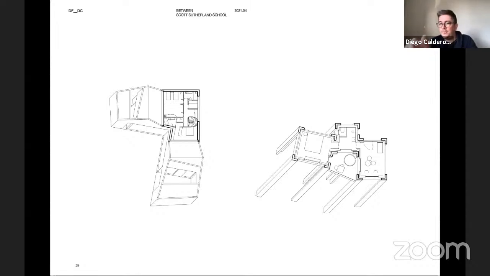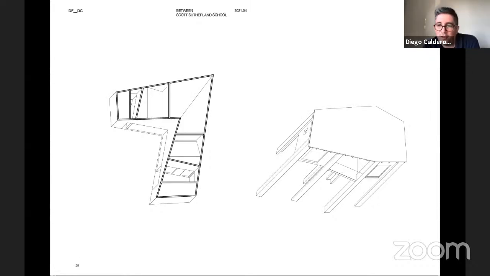As there was no problem with density or anything, we could maximize the surface, basically arranging it in such a way that it didn't result in the most compact envelope, but by doing the opposite, it could benefit more from the glorious weather conditions.